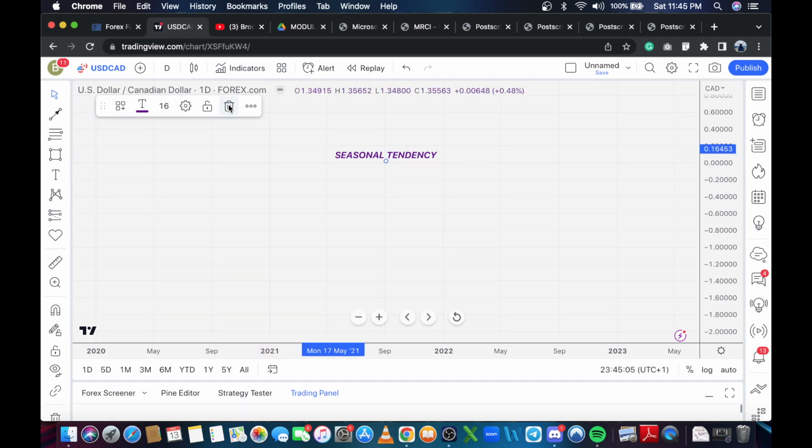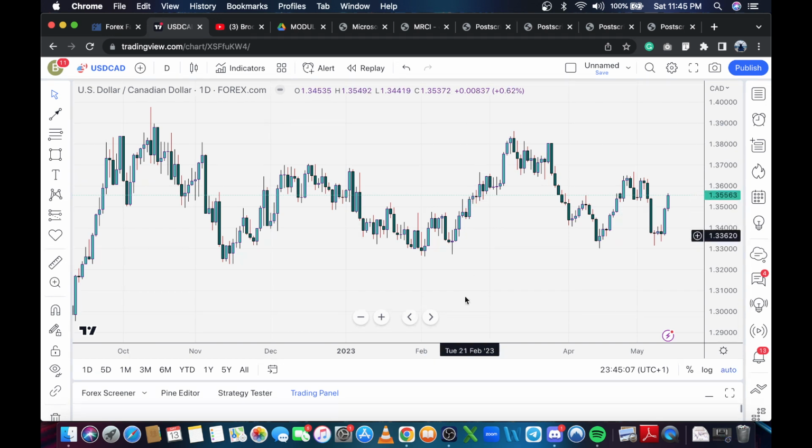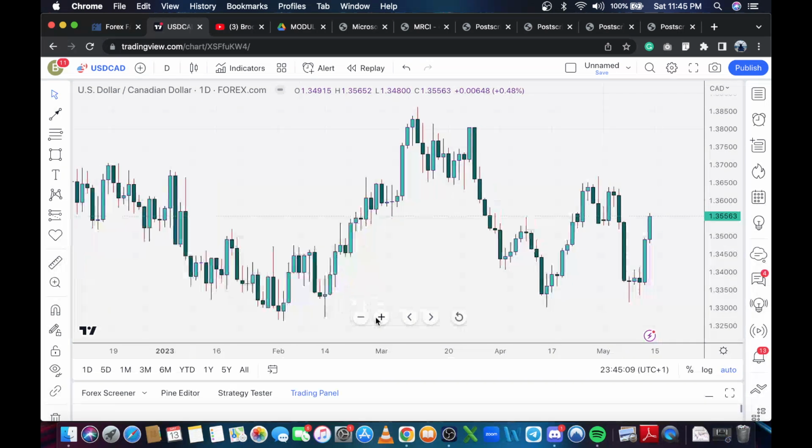And what I have here is the recent price action on dollar CAD from the month of April, I think. From the month of March going into April.